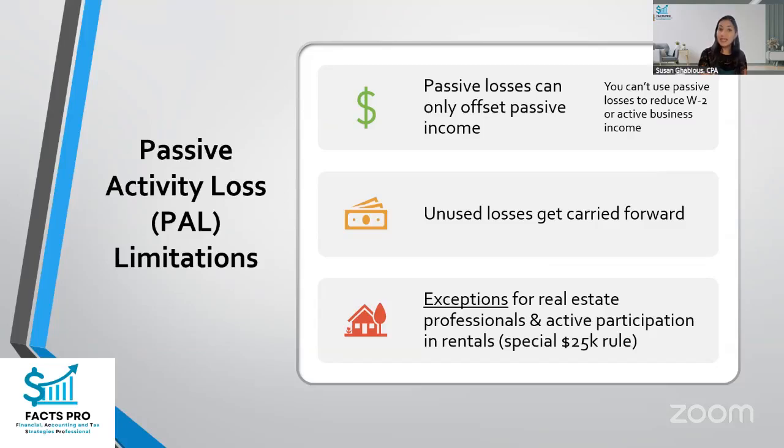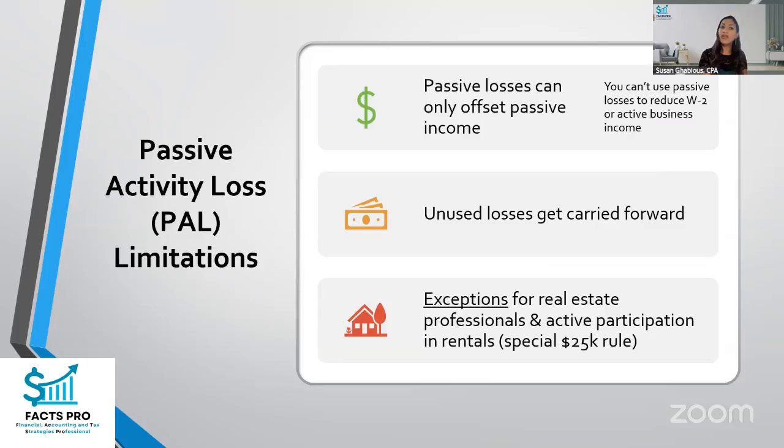That's not the same if it's a non-passive activity. With non-passive, you can use the losses to offset your passive or non-passive income. But your passive losses, you're not able to use against non-passive or active business income. Passive losses against passive income only.